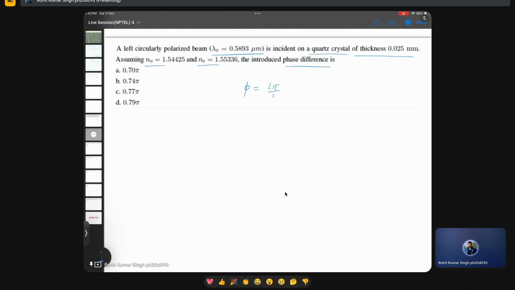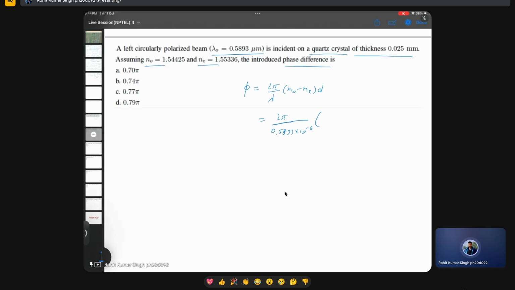It was 2 pi by lambda, NO minus NE, into d, right? Everything is given here: 2 pi by lambda, 5893, this is in micrometers, so this is in meters.